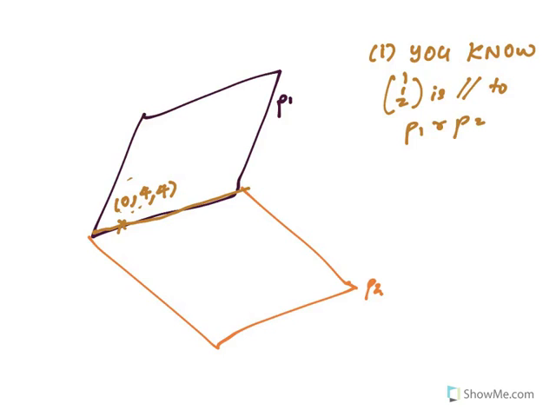That means it is parallel to this line, right? So I can say the equation is just (0, 4, 4) plus lambda (1, 1, 2). Yes, thank you. Plus lambda.